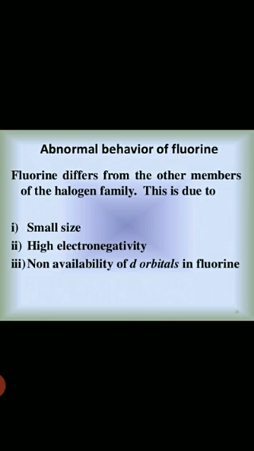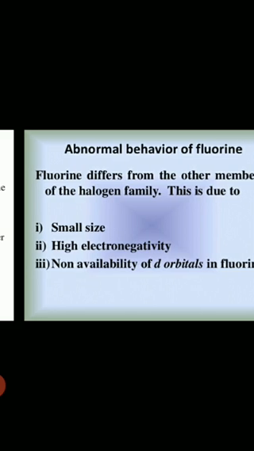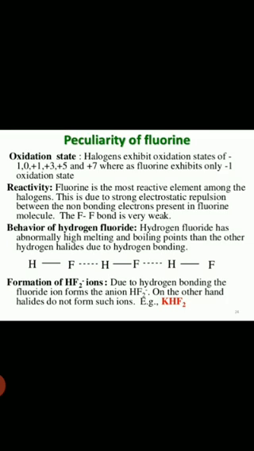Now students, fluorine is the first member of the group. Like other groups, the first member always shows anomalous behavior. Its anomalous behavior is because of its smaller size, higher electronegativity and non-availability of d orbitals. Now what are the peculiarities or abnormalities shown by fluorine?